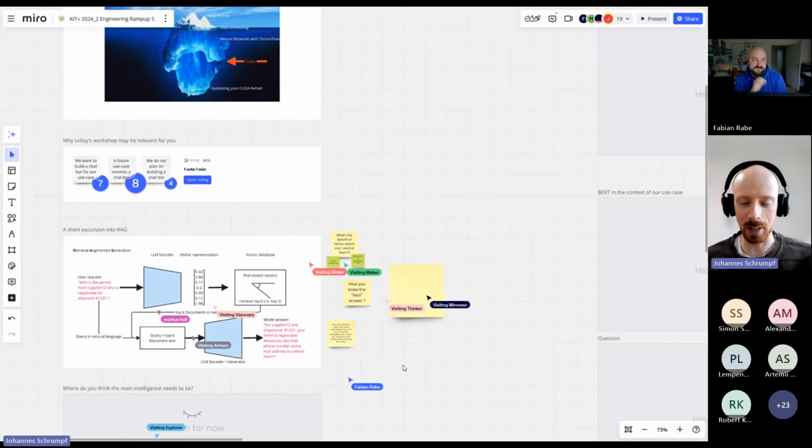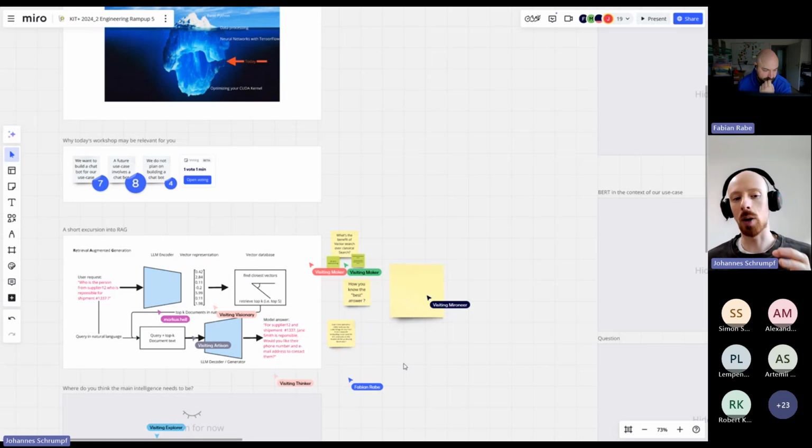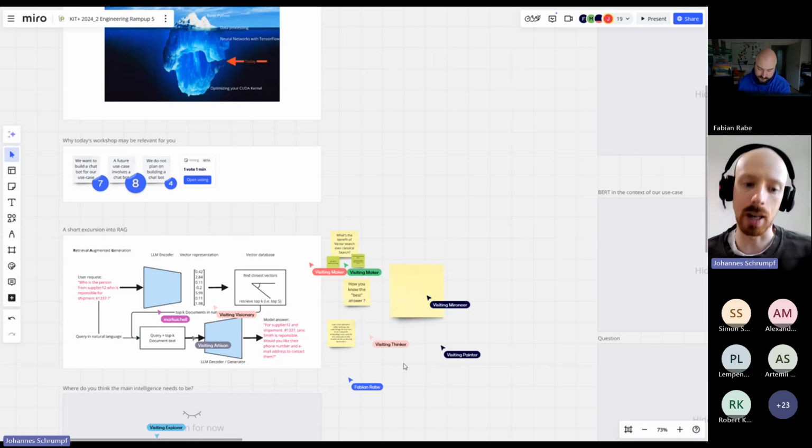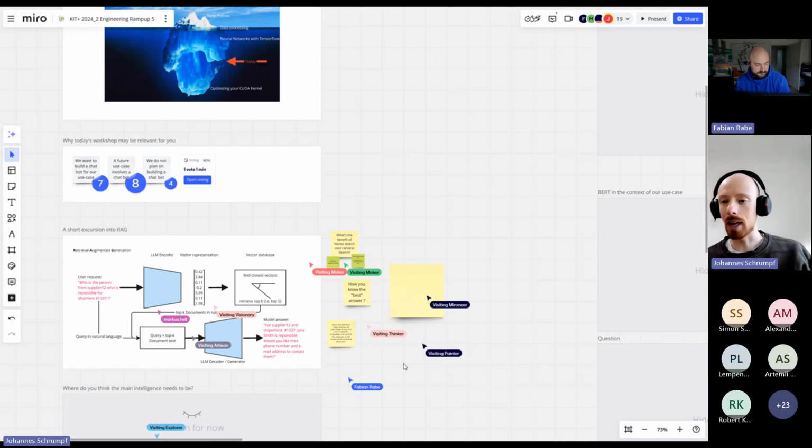I think previously we just talked about very specific quote unquote problems, like a classification problem or a regression problem. And there we always looked at the output of the neural network in the context of the problem that we have, right? So we looked at a binary classifier with one output neuron where we just said everything close to 0 is a dog and everything close to 1 is a cat.